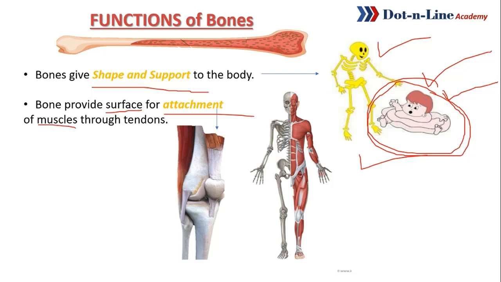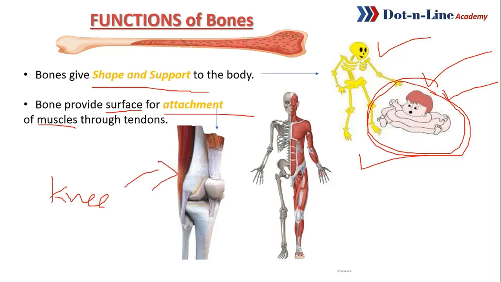What is the function of muscles? They provide movement. They contract, they relax, and they provide movement to any joint, to any part of the body. Let's take a classical example of the knee. This is a knee joint.